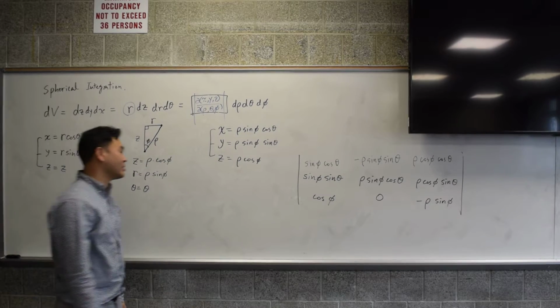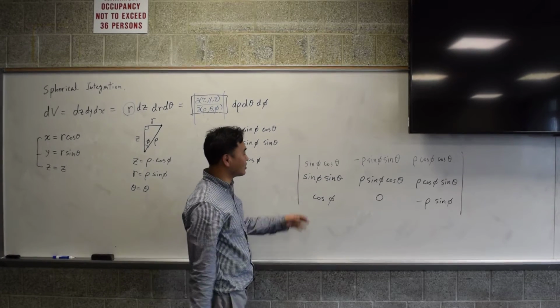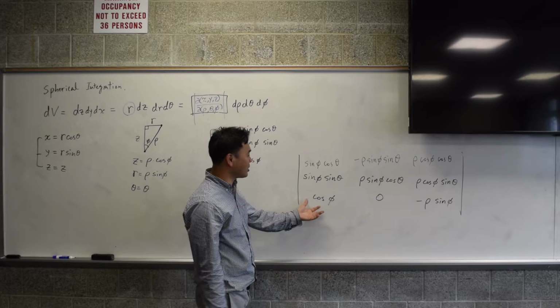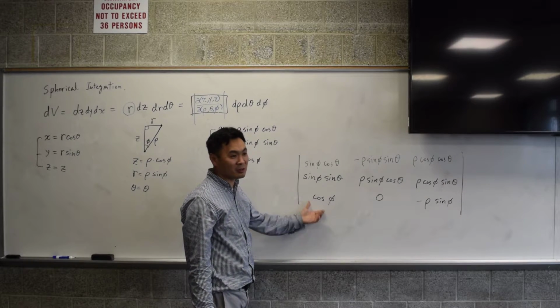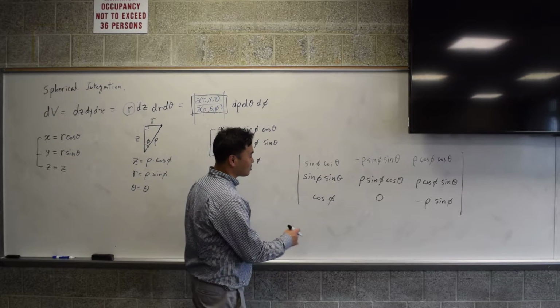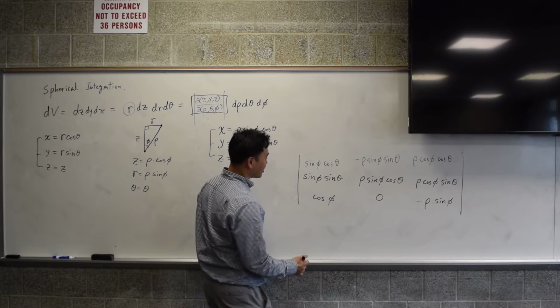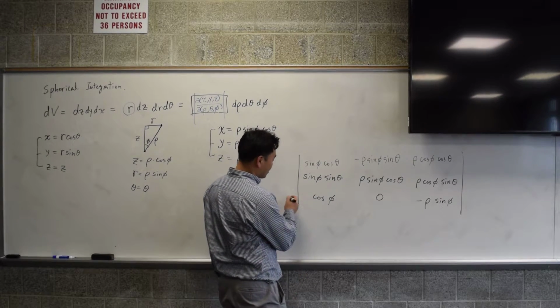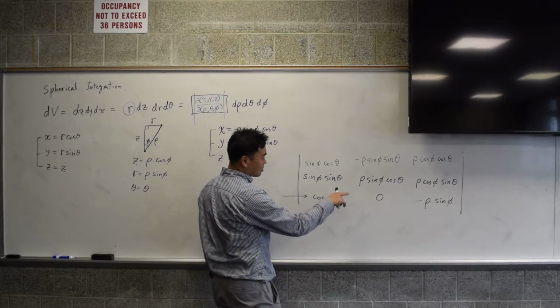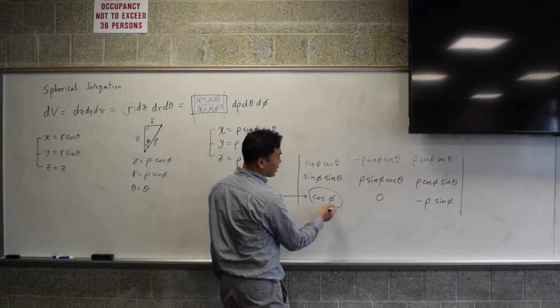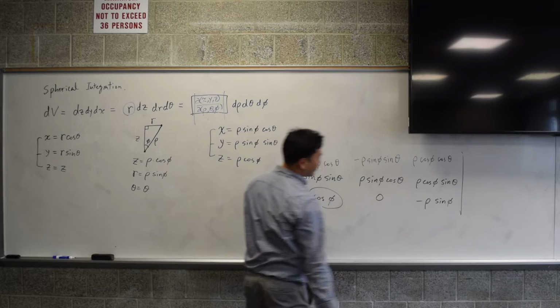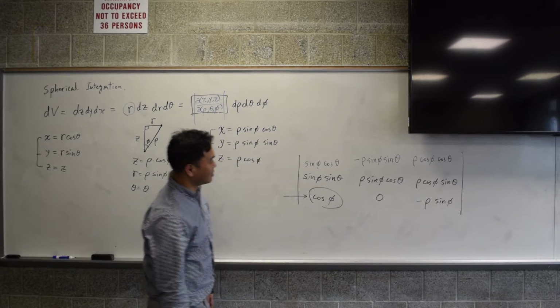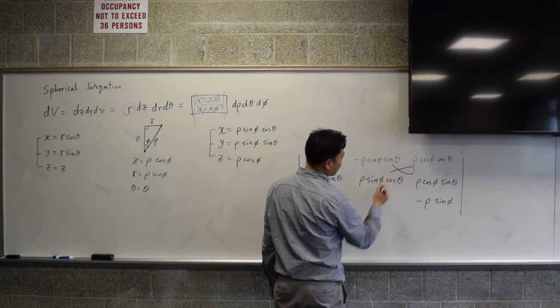All right, and then we have to take the determinant, right? How do I take the determinant? I have to do something like row expansion or column expansion, right? So if I do column expansion this way, this times the determinant of that, which is like that.